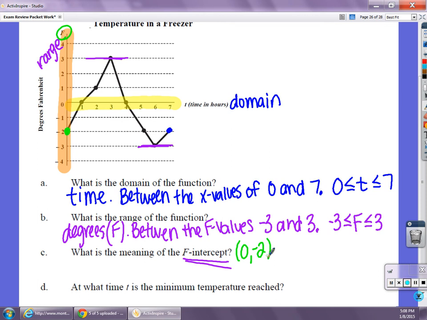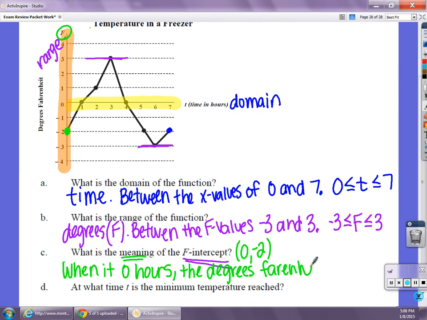And so the meaning, let's use words. Let's use what has been told to us. We're dealing with temperatures in a freezer, and we have the variables time and degrees Fahrenheit. So let's write a sentence for that. We're going to say when it is 0 hours, kind of an awkward way to say it, but you know what I mean, the degrees Fahrenheit is -2.